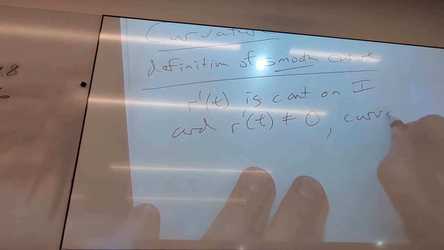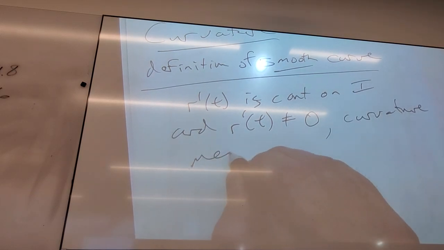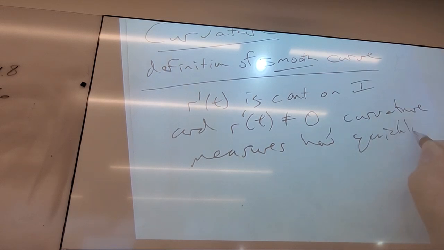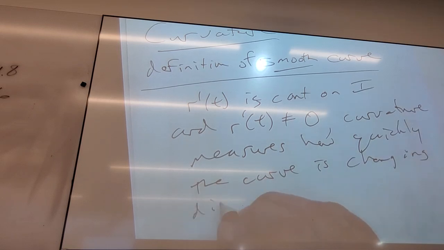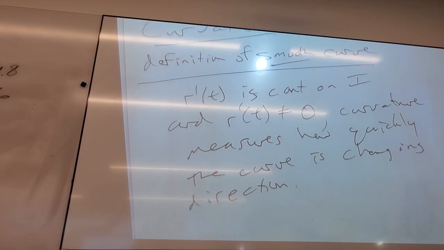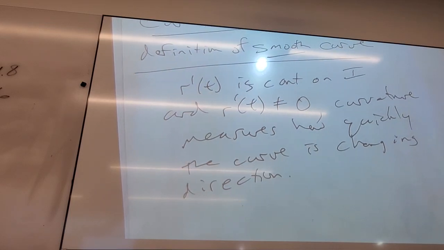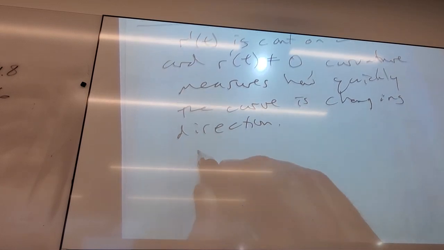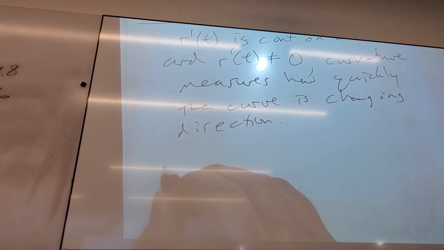The curvature measures how quickly the curve is changing direction. And that word direction has a lot of stuff going on because it can change direction in a lot of different ways, because we're not just restricted to a plane now.